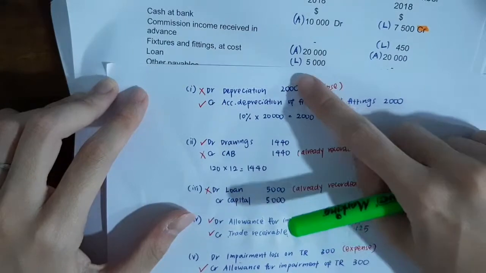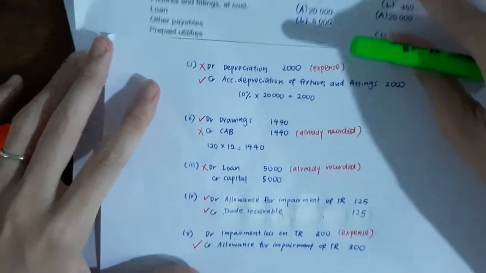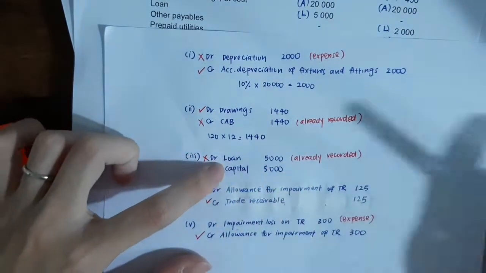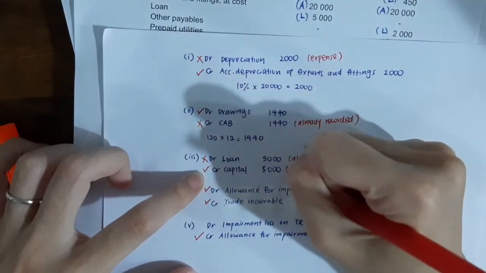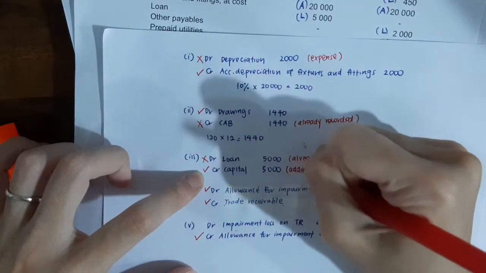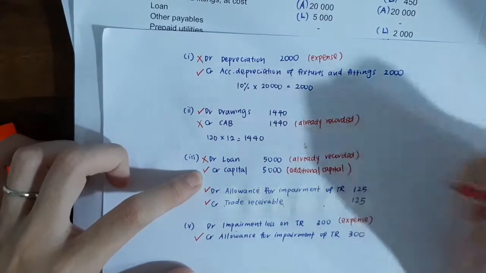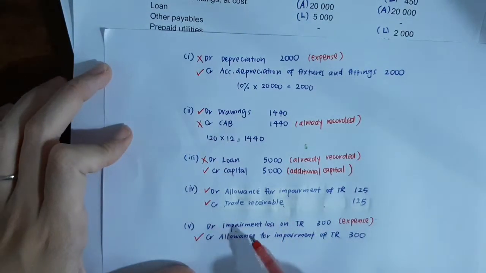And you can see that yes, from 5,000 it became 0. Therefore, we don't need to adjust for loan anymore, it's already recorded. We do need to adjust for capital later, and this is actually my additional capital in my statement of profit or loss. Next part.